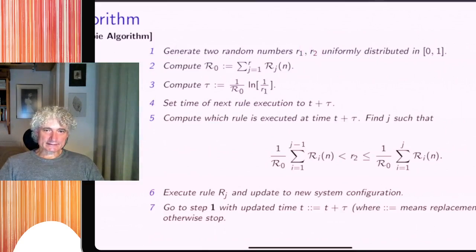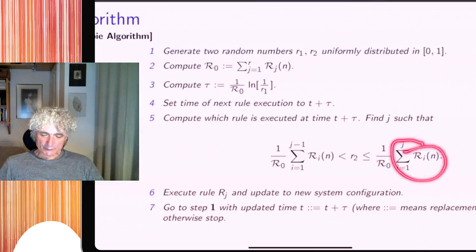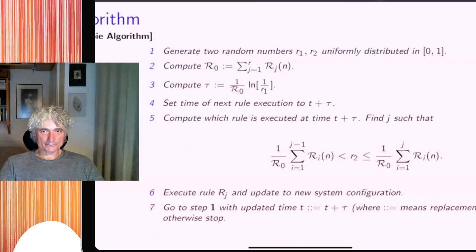And we do it such that we look at the sum of all the propensities weighted by 1 over r0, such that up to the index j minus 1 of these rules, we are still less than r2. But on the other hand, r2 is less or equal than the sum of the propensities up to index j.